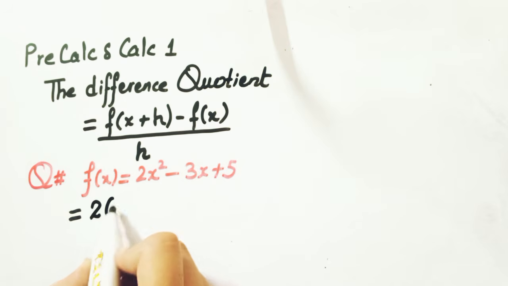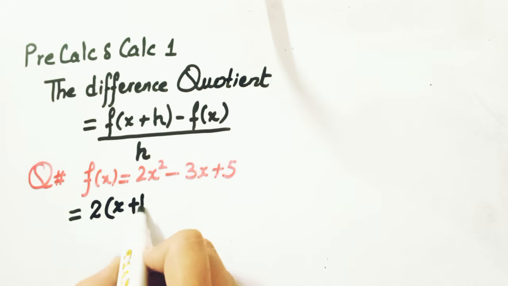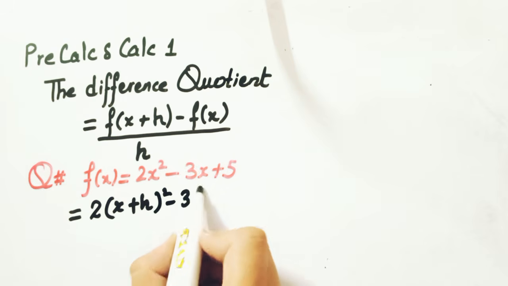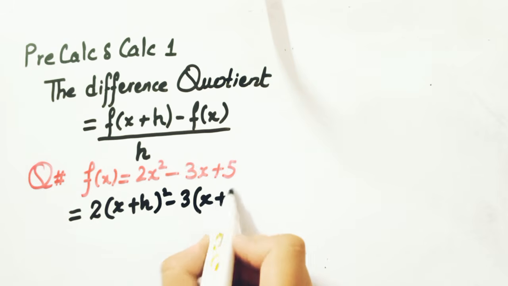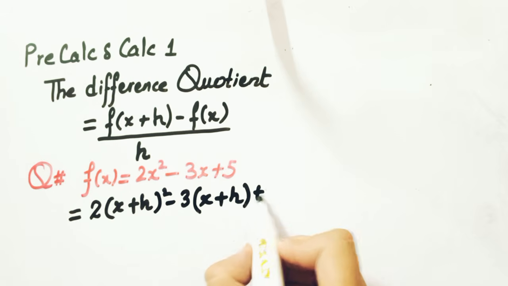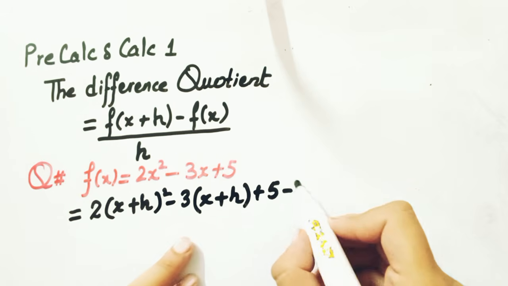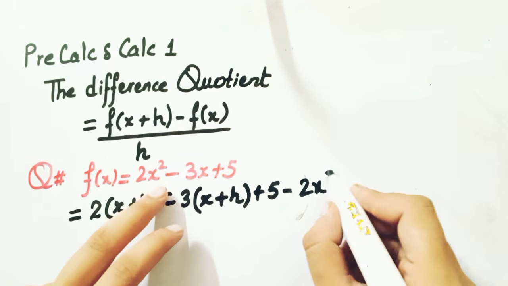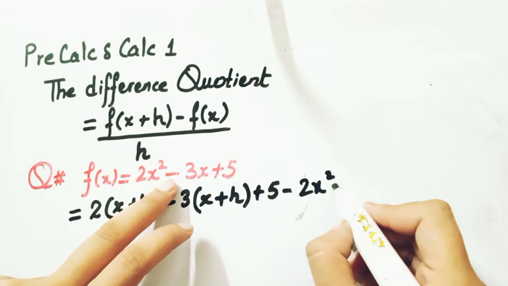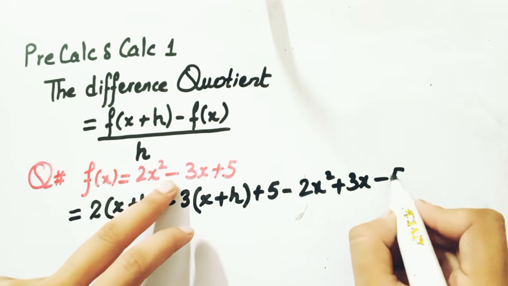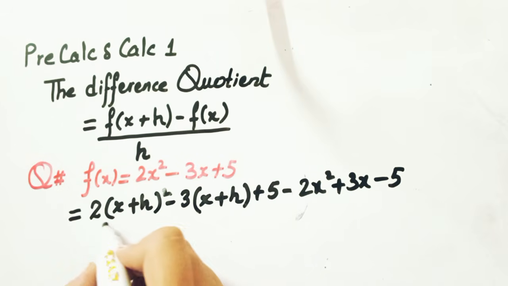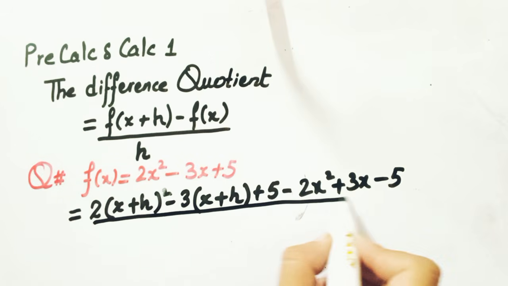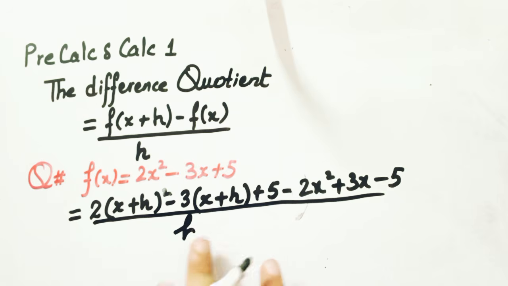So 2 into x plus h square minus 3 into, in place of x we will substitute x plus h, plus 5 minus 2 of x square. Minus will become plus 3 of x minus 5, and in the denominator we have h.